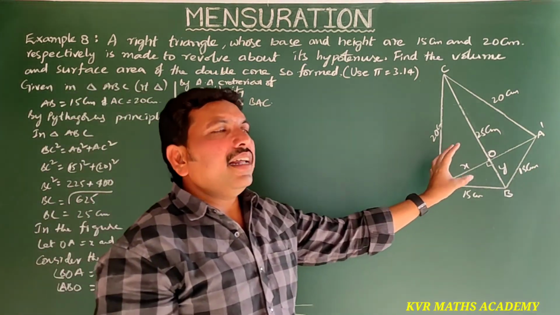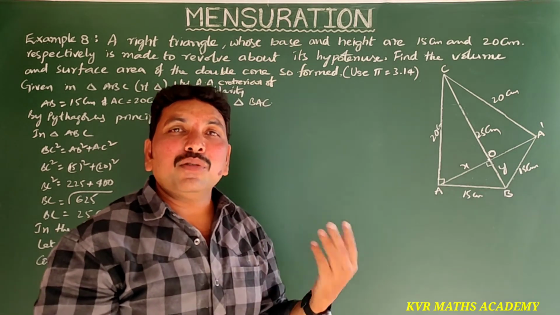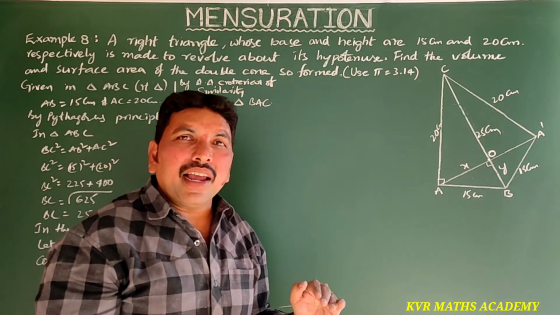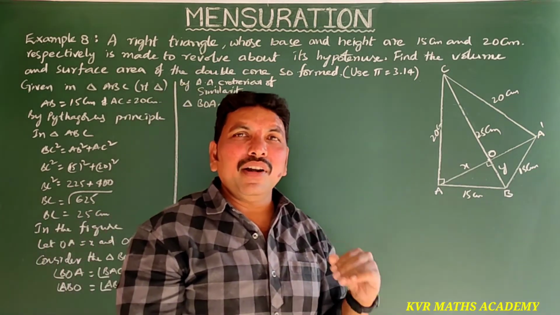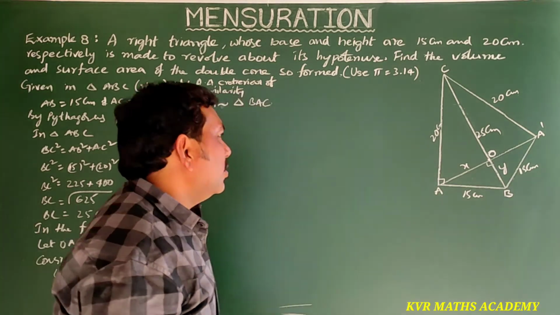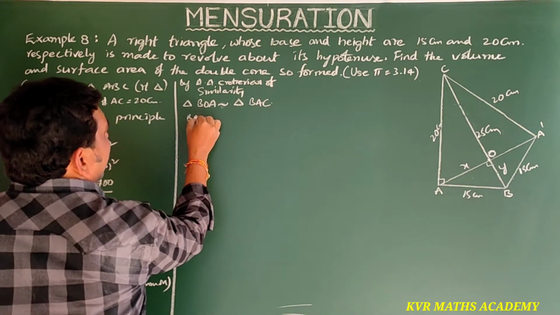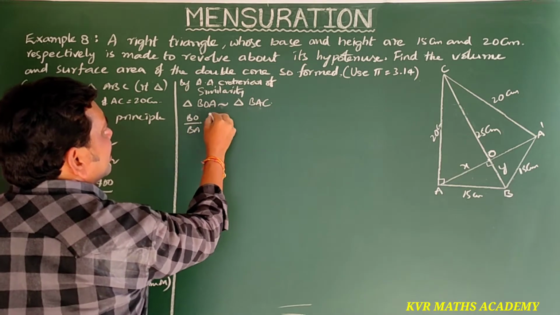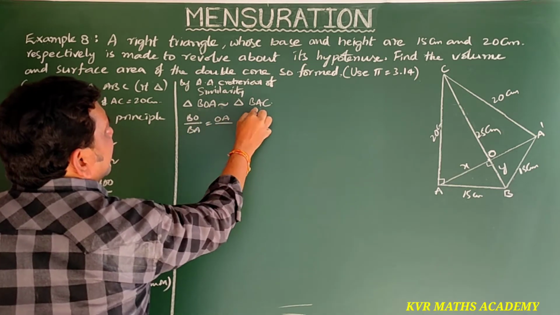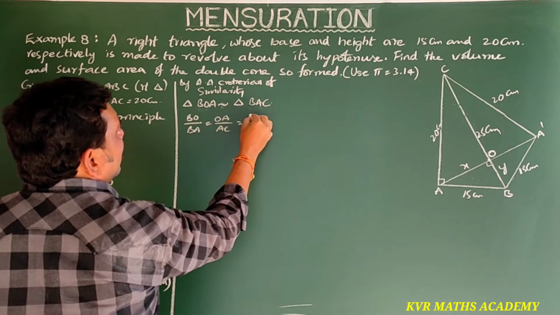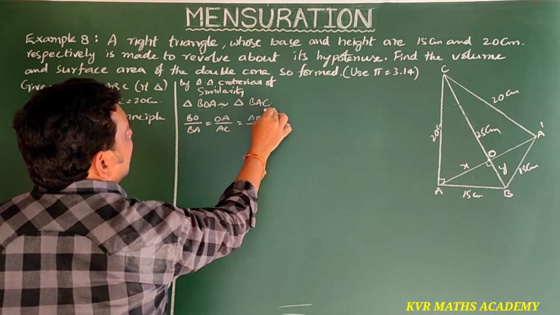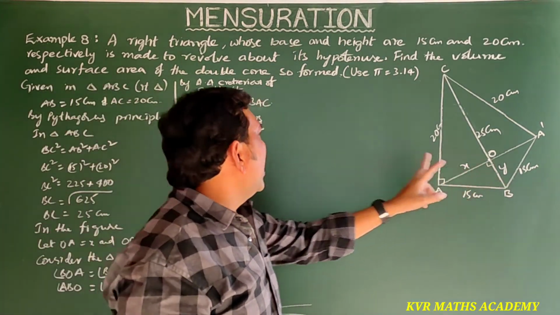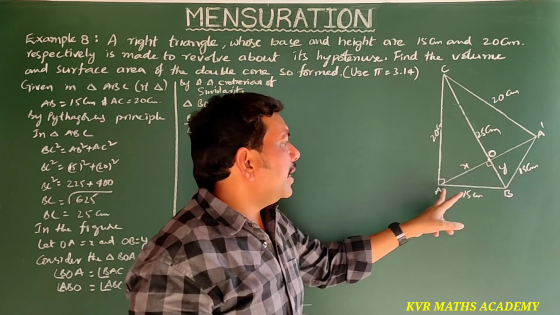Now, if two triangles are similar, then their corresponding sides are in the same ratio. So in the two triangles, BO by BA is equal to OA by AC, which is equal to AB by BC.